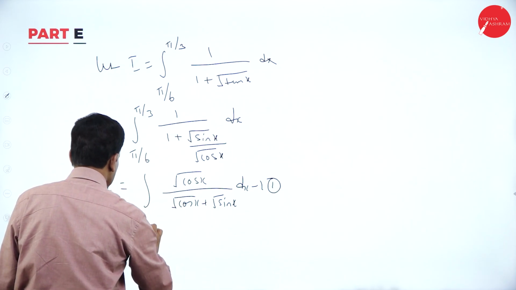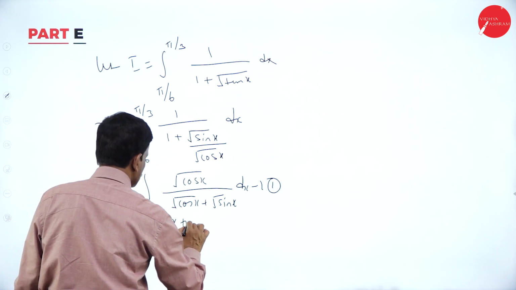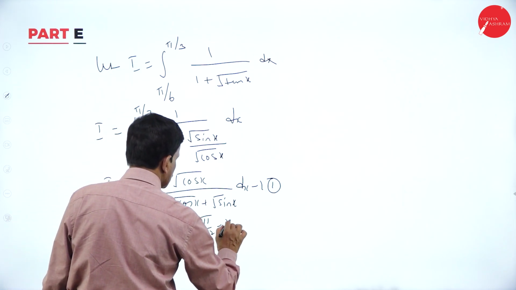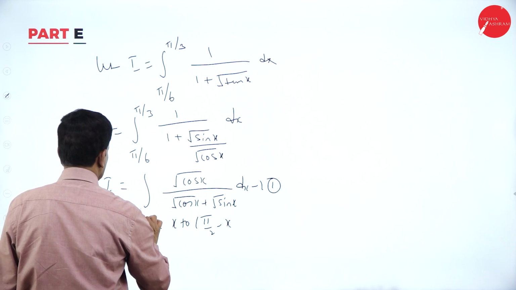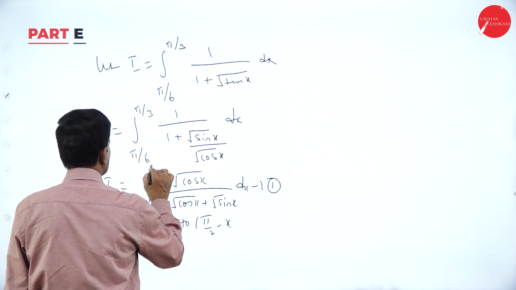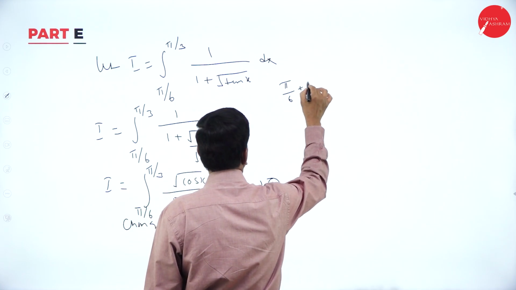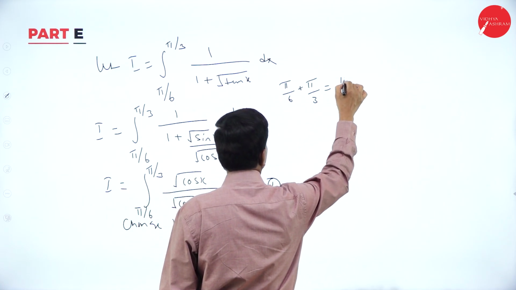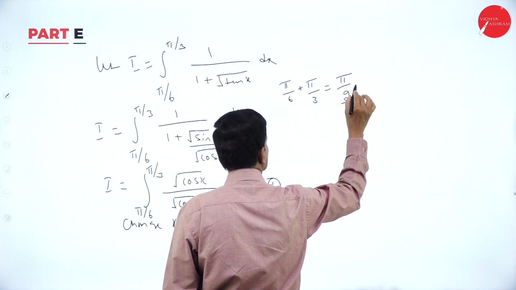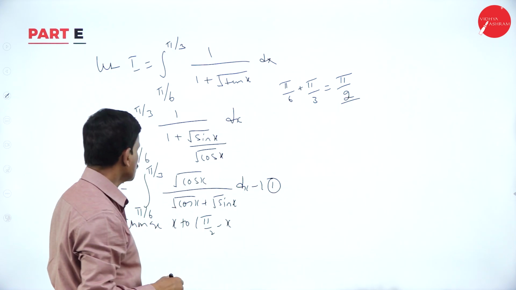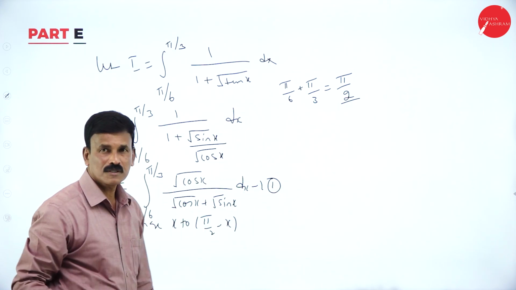According to the property, change x to pi by 2 minus x. Their limits are pi by 6 plus pi by 3, which is nothing but pi by 2. Changing x to pi by 2 minus x, what happens?